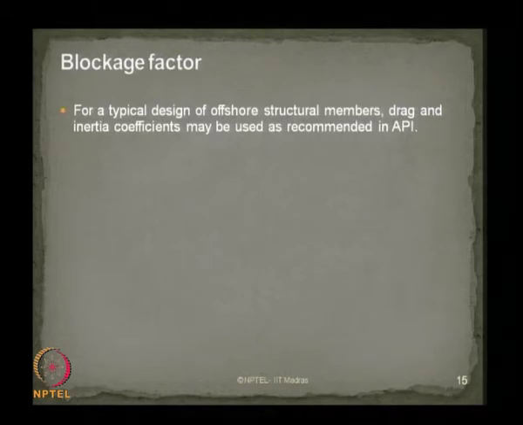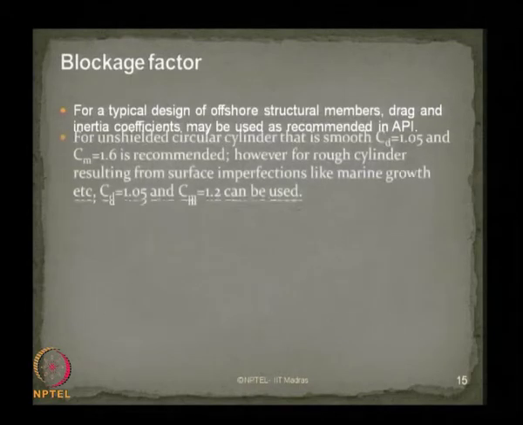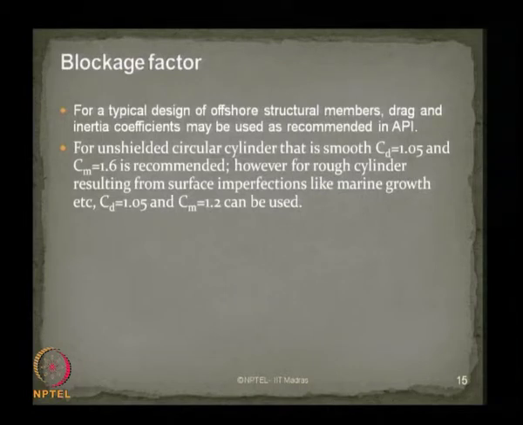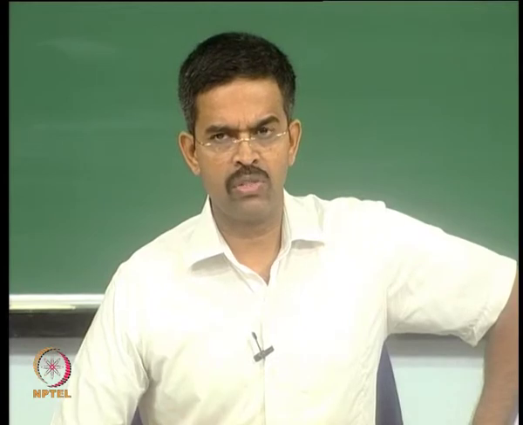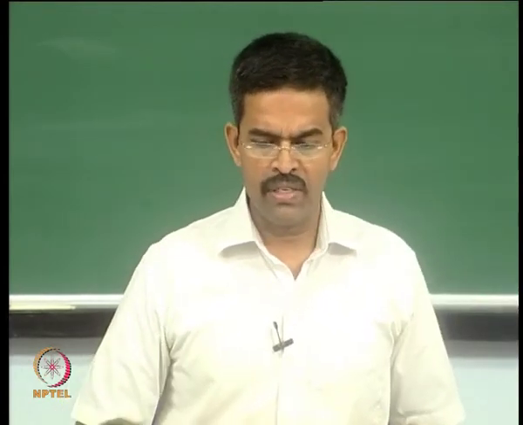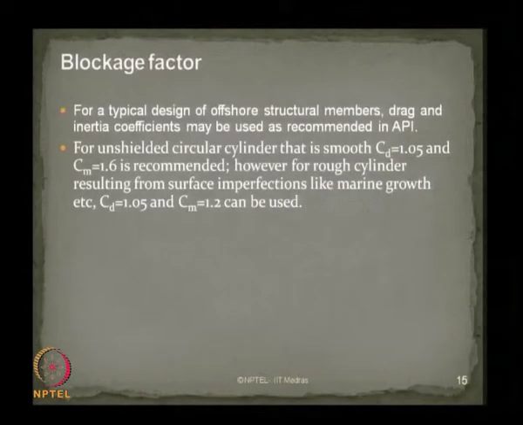For a typical design of offshore structural members, drag and inertia coefficients are generally recommended from the American Petroleum Institute code provisions. For example, for a circular cylinder which has no members in the near vicinity, we call this an unshielded circular member, and if the member is smooth, it means the member does not have any marine growth sticking onto the surface, we take the drag coefficient as 1.05 and inertia coefficient as 1.6 as recommended by API.